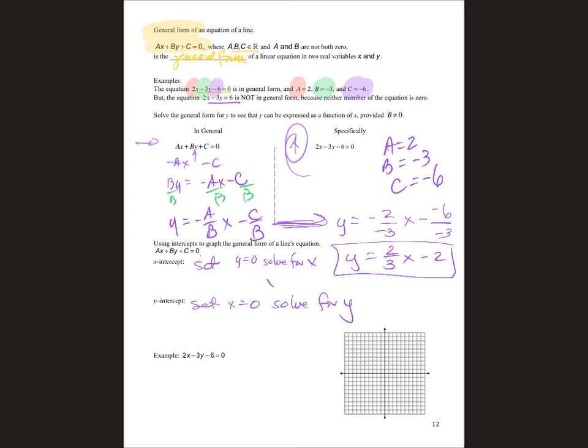You should be able to get x equals negative c over a and y equals negative c over b. And again, once you identify a, b, and c, you could easily just substitute into this to get the corresponding values.